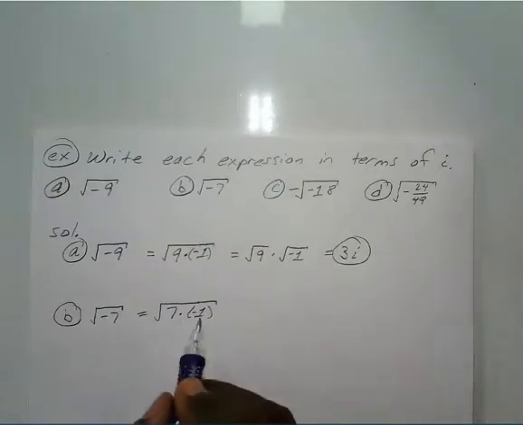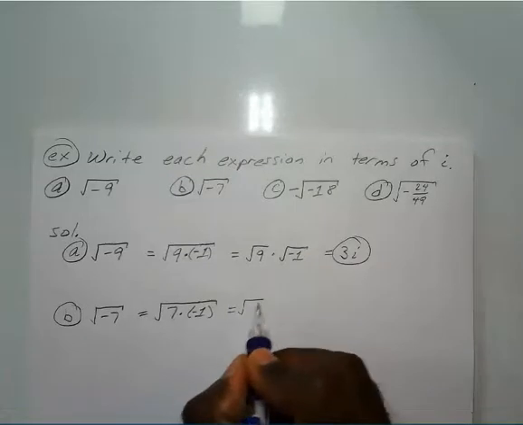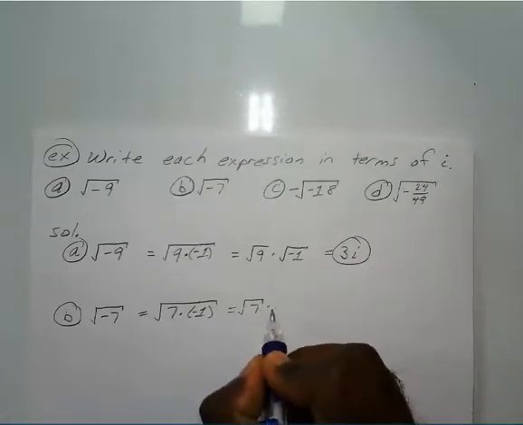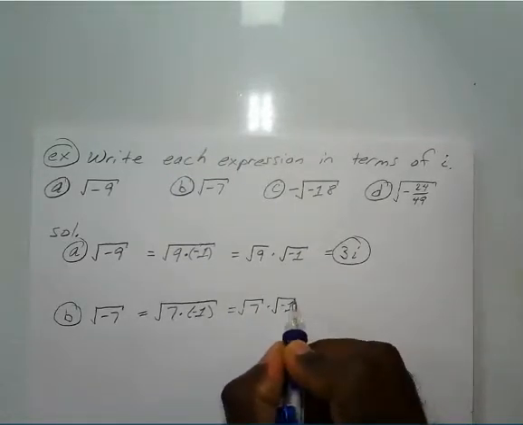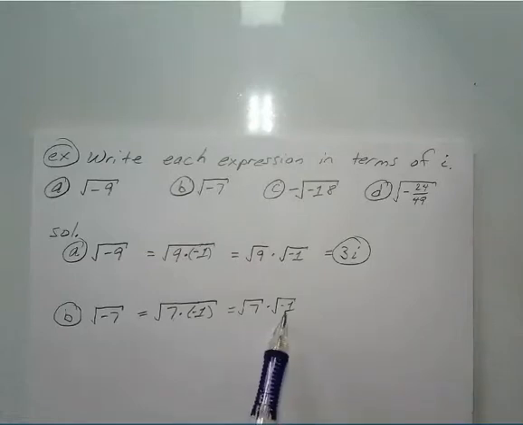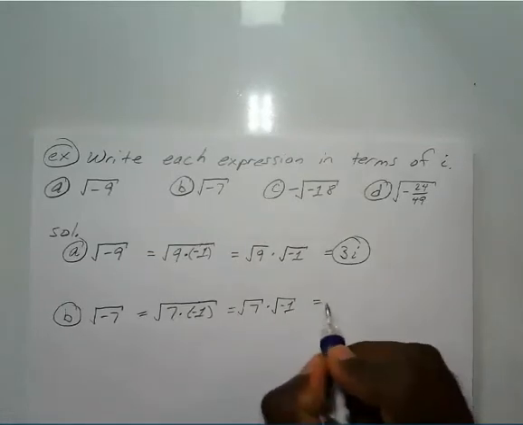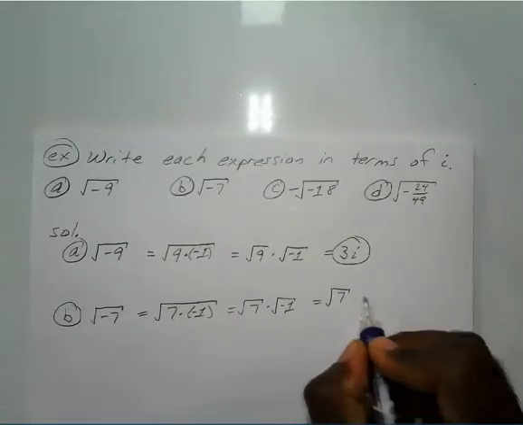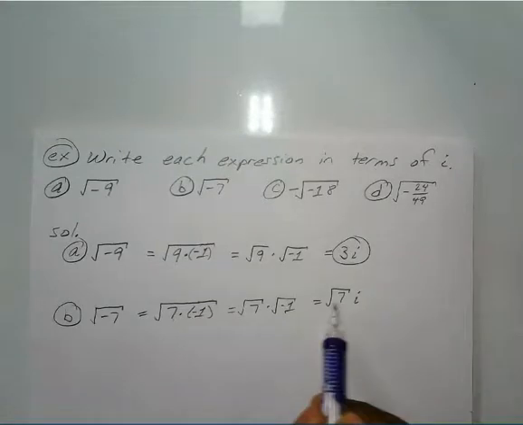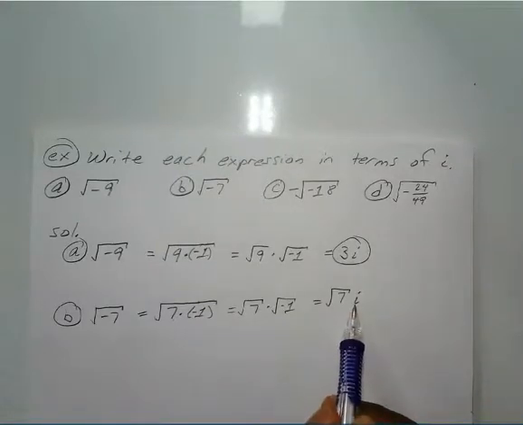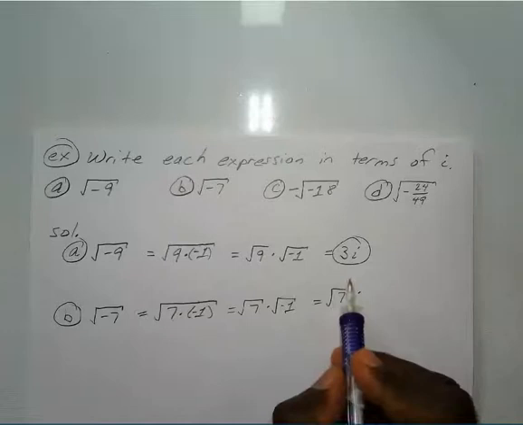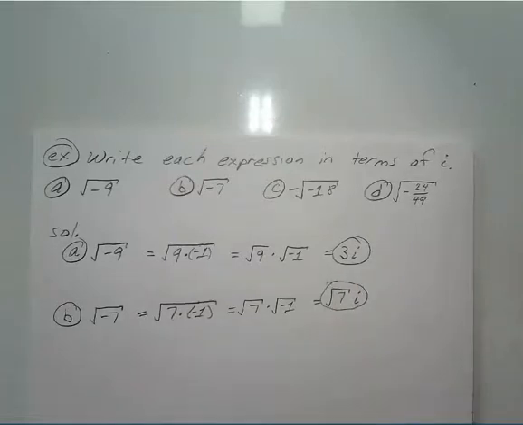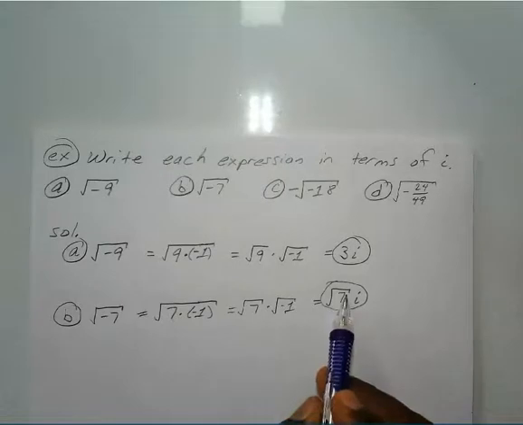Once again, if we separate those two, we have the square root of 7 times the square root of -1. The square root of -1 is equal to i, so this is just the square root of 7. And the i is on the outside, so you can put the i either on the right or the left, it doesn't matter. So your answer is the square root of 7 times i.